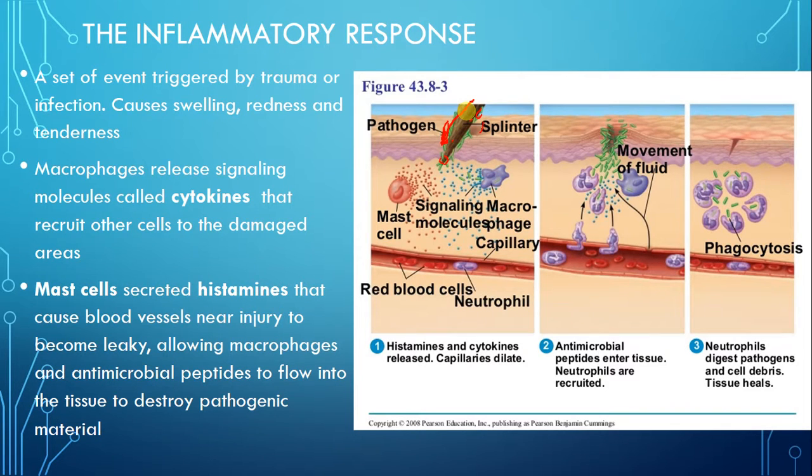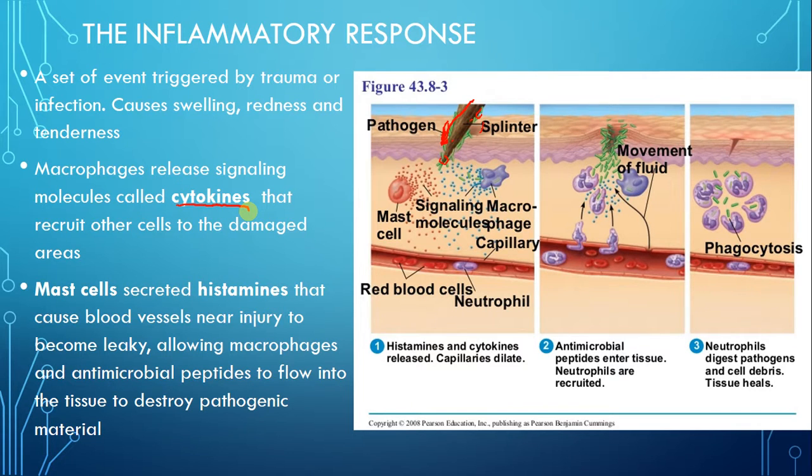What's going to happen first is, in this area, macrophages are going to aggregate to try to engulf and destroy a lot of that foreign material. When they encounter those foreign materials, their toll-like receptors bind to pathogens. They're going to release chemicals called cytokines. These are signaling molecules that then recruit other cells to that damaged area.